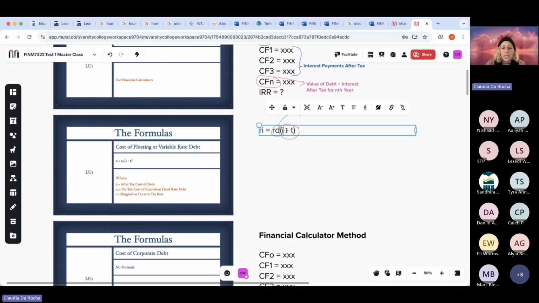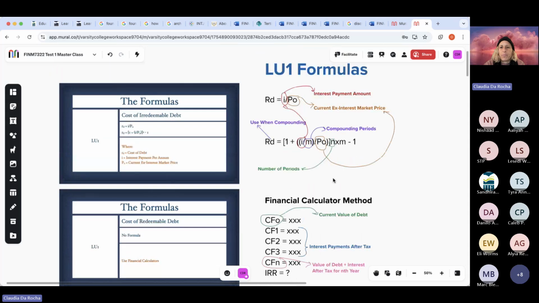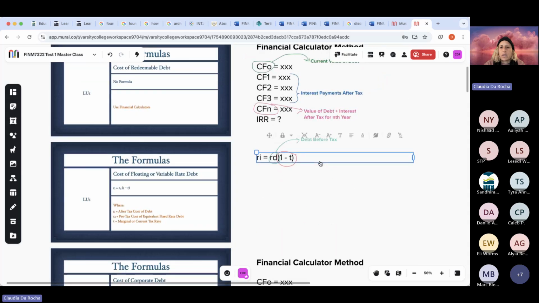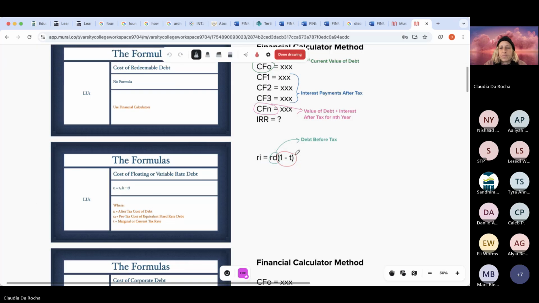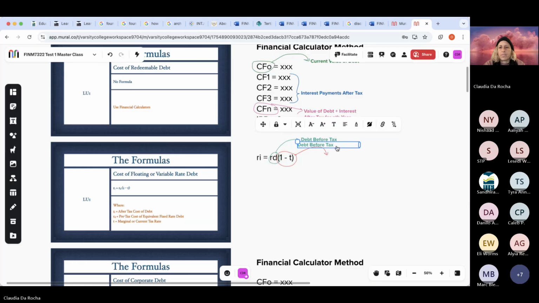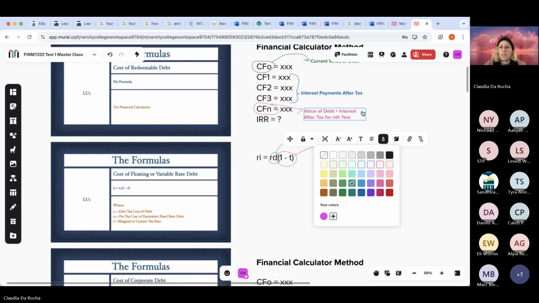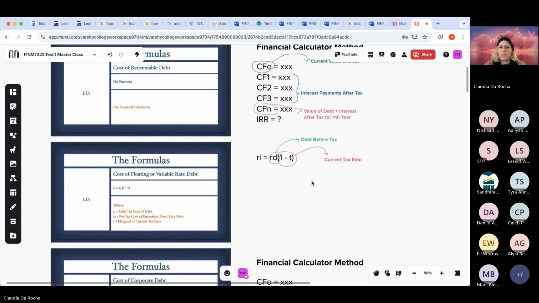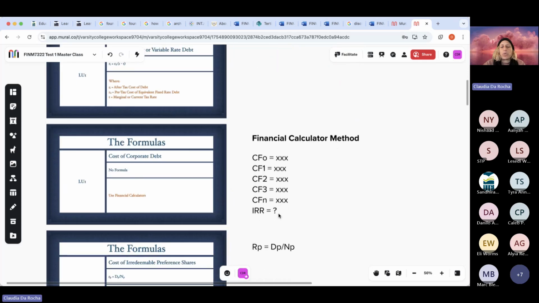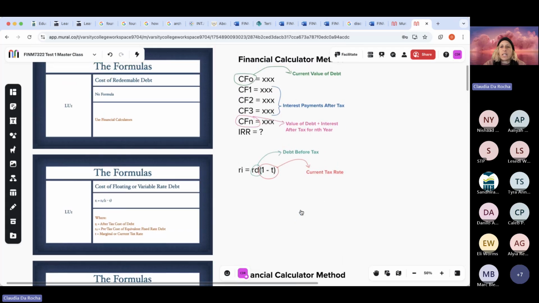Just want to update this to a 1. That's what it should be. Right, then with corporate debt, it's exactly the same as what we've done here.